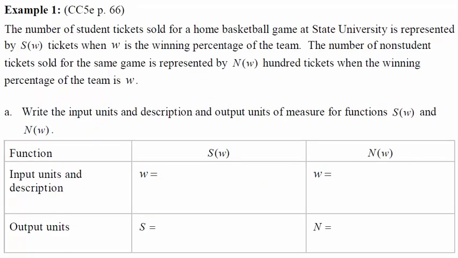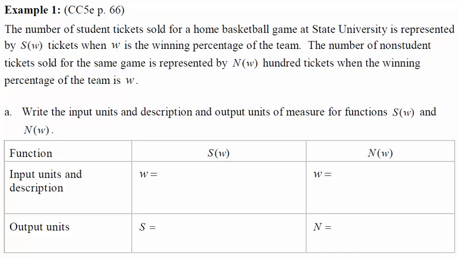The number of student tickets sold at a home basketball game is represented by S of W, where W is the winning percentage of the team. The number of non-student tickets sold is represented by N of W, in 100 tickets, when the winning percentage is W. Okay, so we want to consider which of these 5 operations we might use.